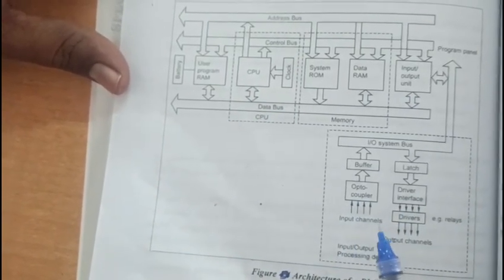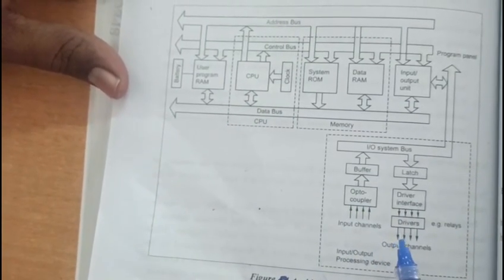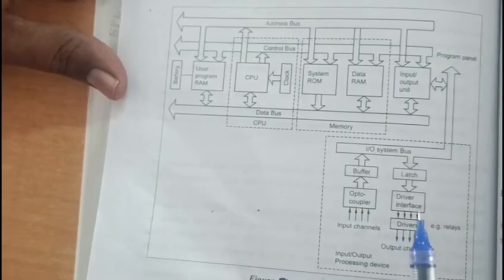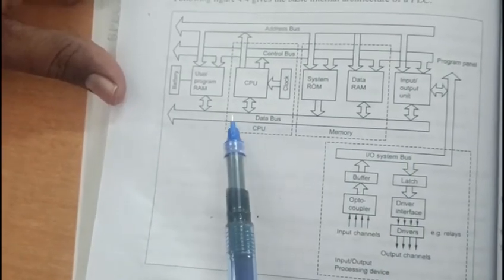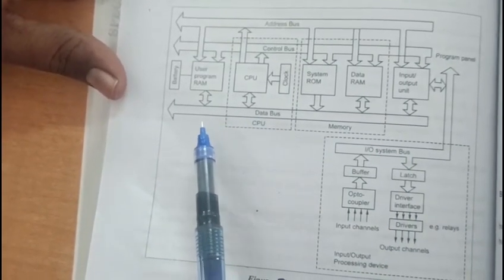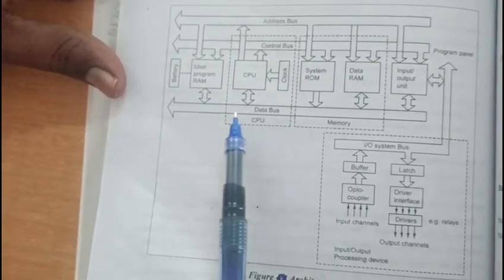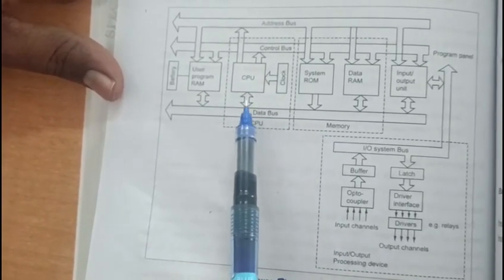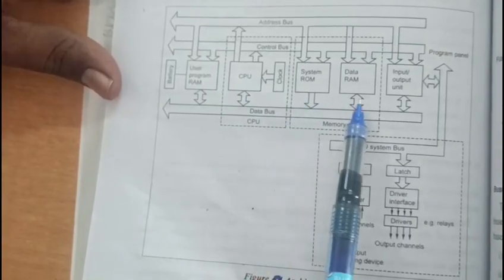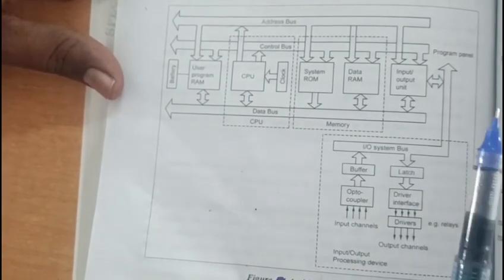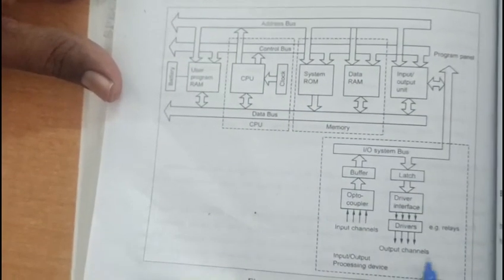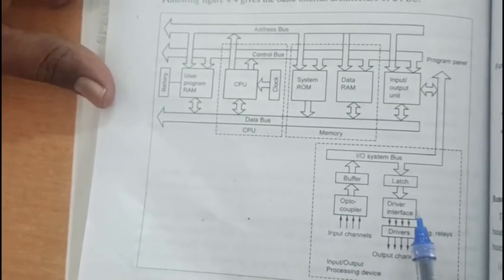The third one is the data bus, which is used for data transfer between the user and the machine. Machine means DCV. It gives the data directly to the CPU, RAM, ROM as well as the input output unit. This module is called the input output processing unit.